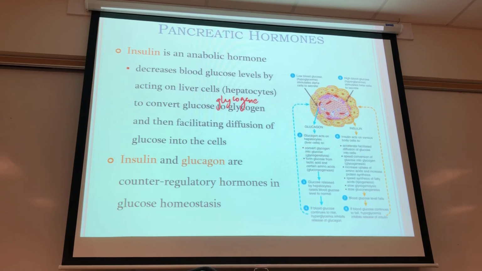And you can see that the two work hand in hand. Both glucagon and insulin work together to regulate blood sugar, again, between our set point of 70 to about 120 milligrams per deciliter. We don't want too much of it. We don't want too little of it.